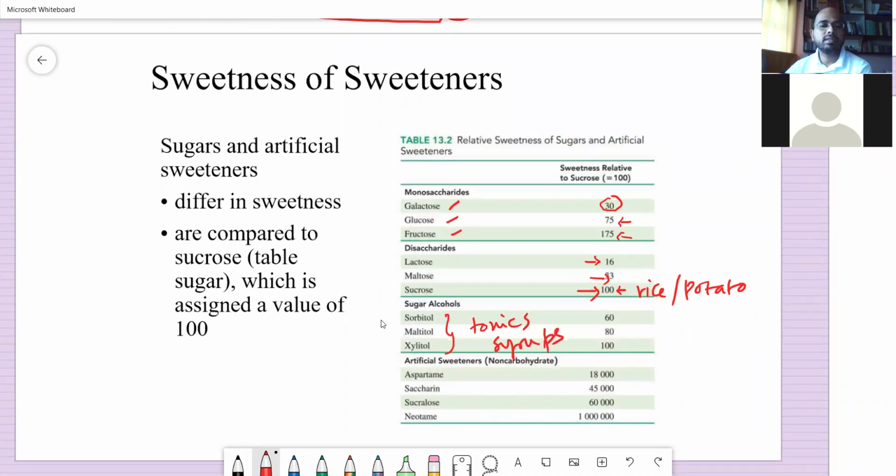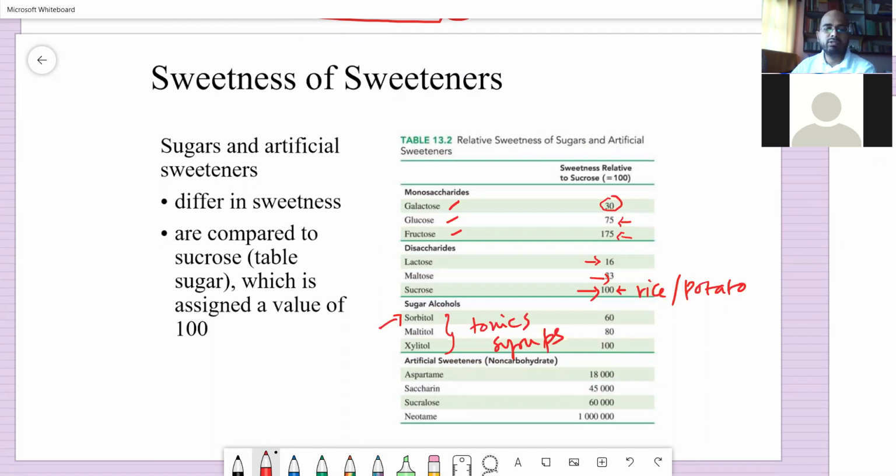Sorbitol is used very much in cough syrups. If you use a lot of that, it in fact increases the sugar content. So you should not take sweet cough syrups.